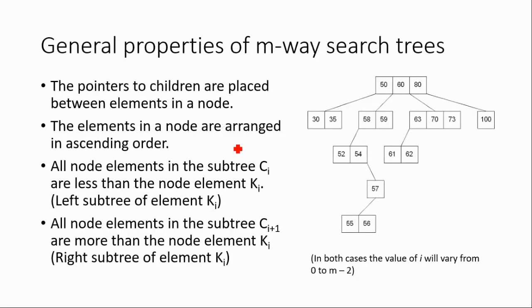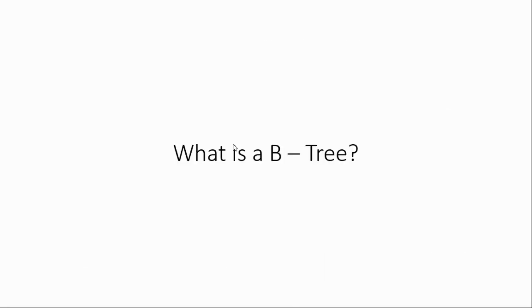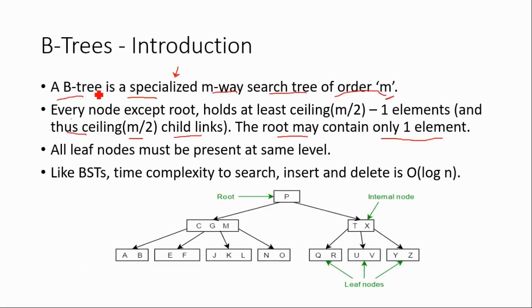But in addition to that limit, there is a limit on the minimum number of elements that can be stored in a node other than the root node. So what is that minimum limit? It is ceiling of m by 2 minus 1.